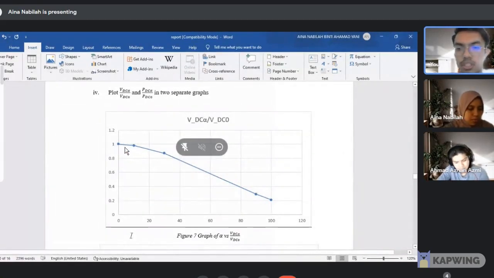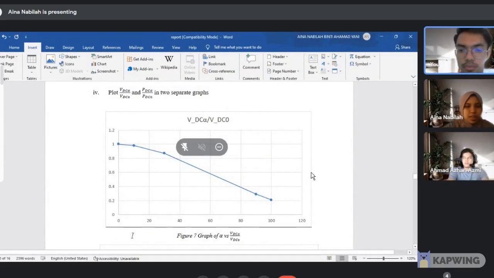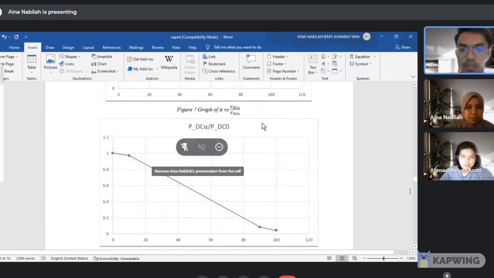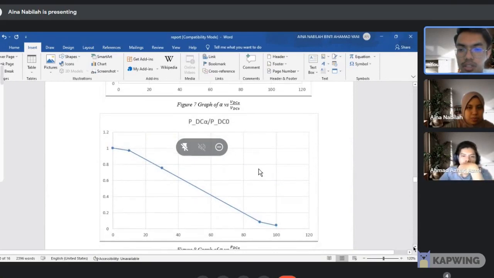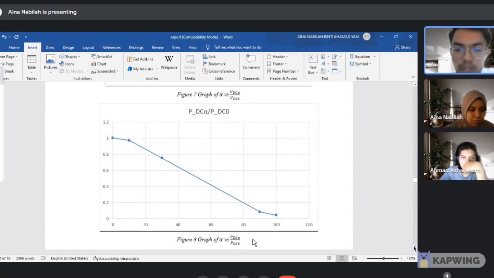We can see the graph declines from 1 to almost 0.2. This is for the PDCO, the graph of PDC alpha over PDCO.